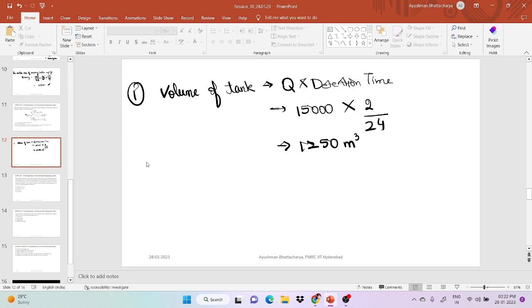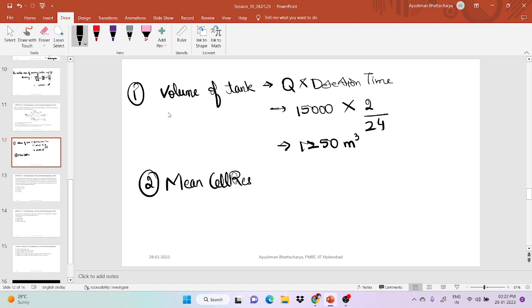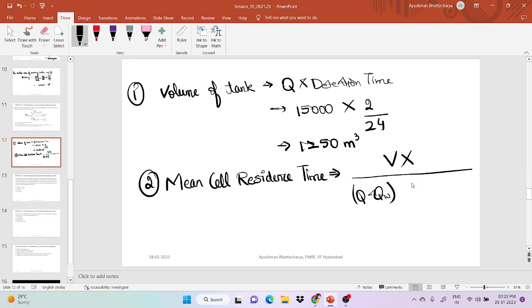Now by knowing the volume of the tank, we can calculate the mean cell residence time. Mean cell residence time is equal to V into X divided by Q minus QW into XE plus QW into XU.